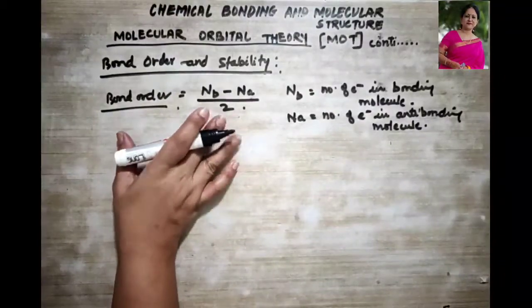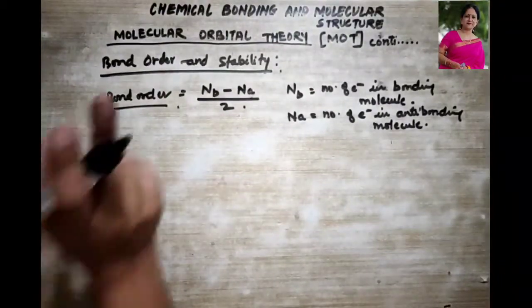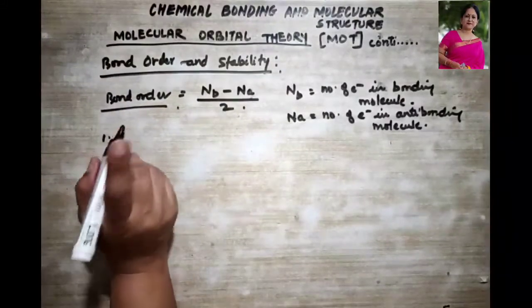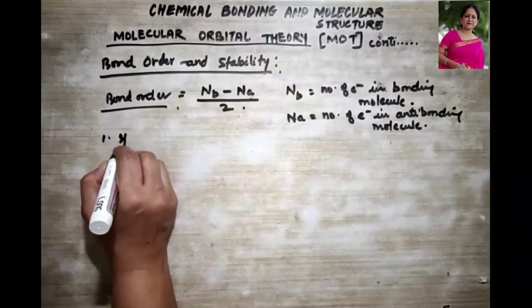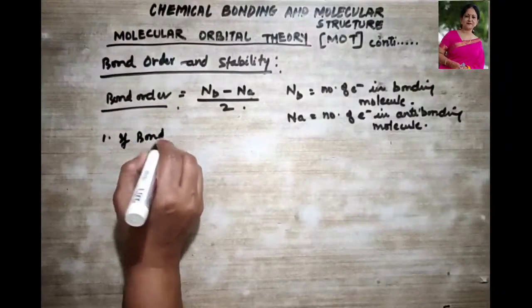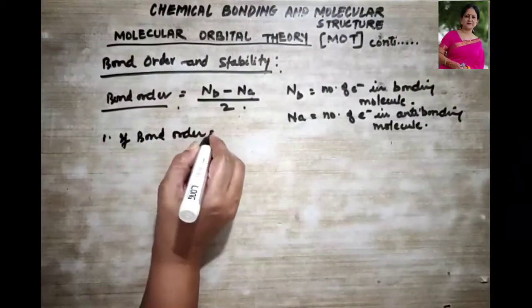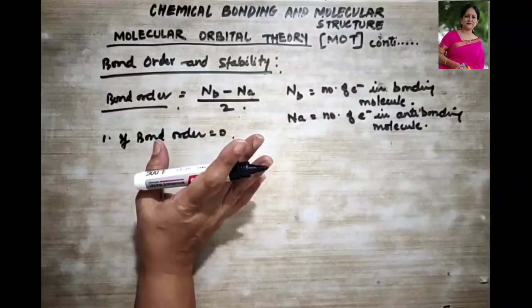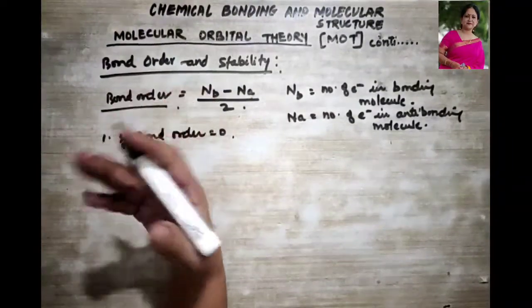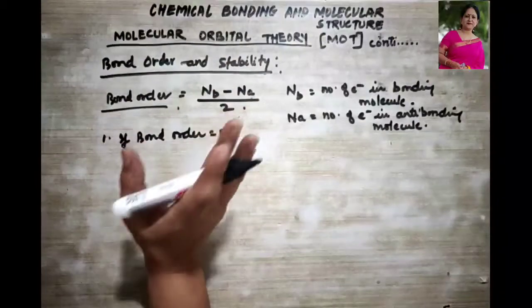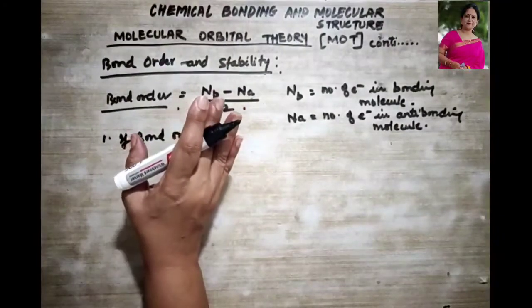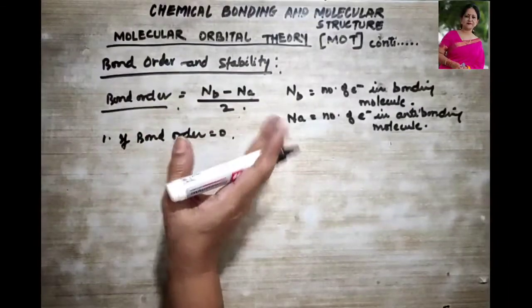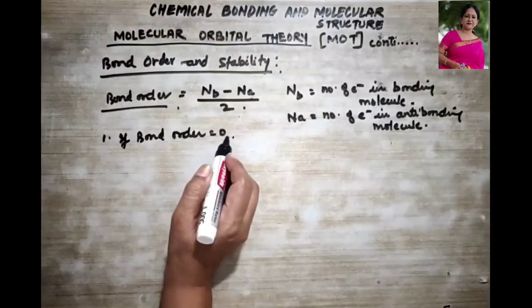Now, what is the importance of bond order? If the bond order is 0, I'm writing it down over here, very, very important. If bond order is equal to 0, then the species does not exist, or maybe it is imaginary.